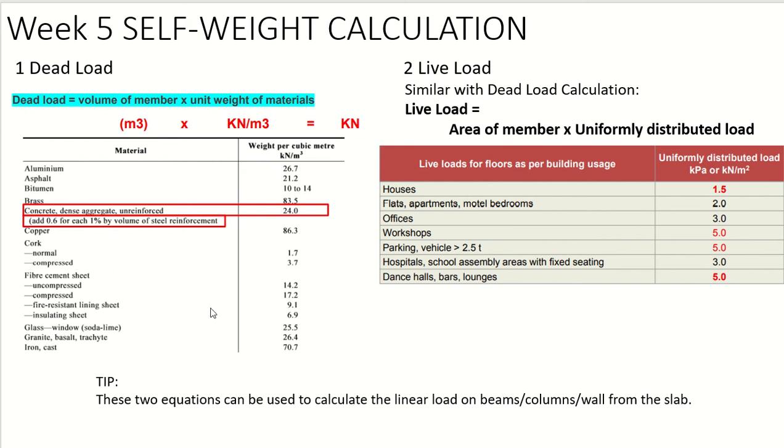This table may or may not be provided for your exam, so just double check with your tutor or lecturer, and please get familiar with this table, especially some very important material items such as concrete. You should know the unit weight for concrete is 24 kilonewton per cubic meter.